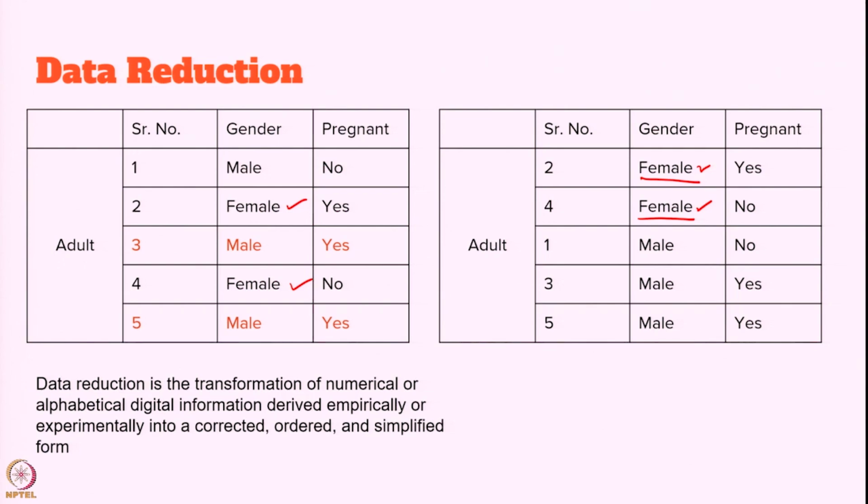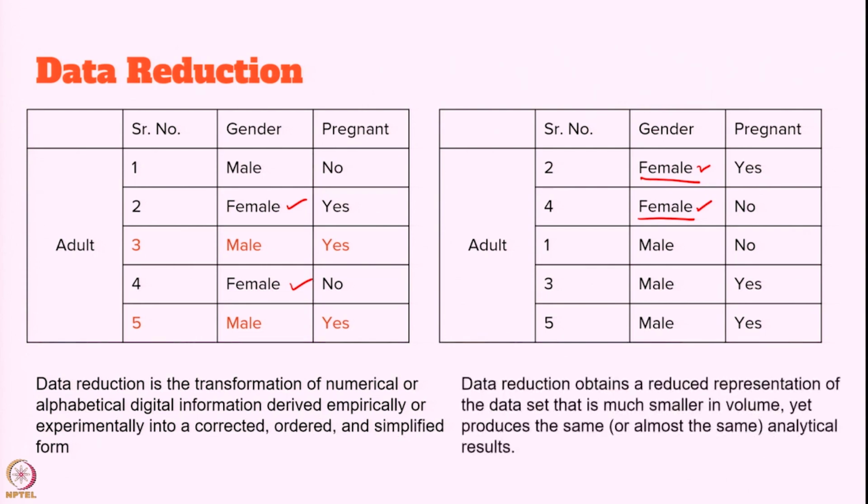So data reduction is the transformation of numerical or alphabetical digital information derived empirically or experimentally into a corrected, ordered and simplified form. Also, you need to know data reduction obtains a reduced representation of data set that is much smaller in volume yet produces the same or almost the same analytical results.